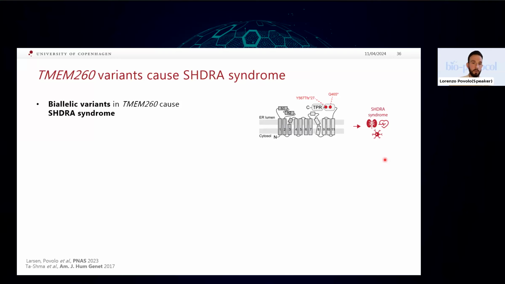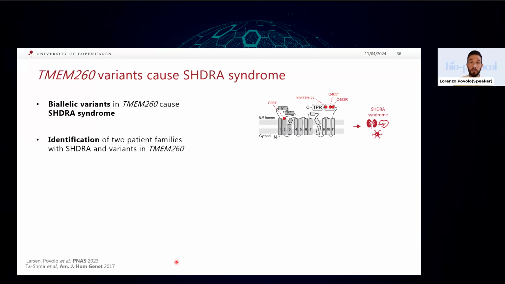So in this work, which you can find in the first reference here, we assessed two published variants and reported two new variants from two new families with variants in the gene of TMEM260.